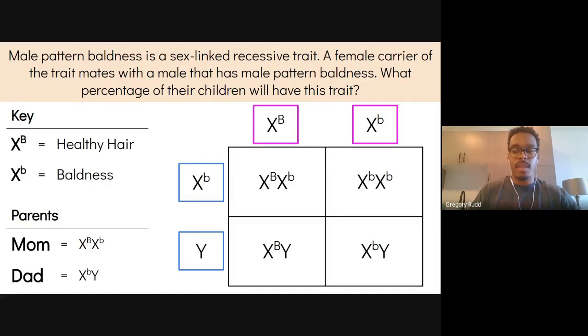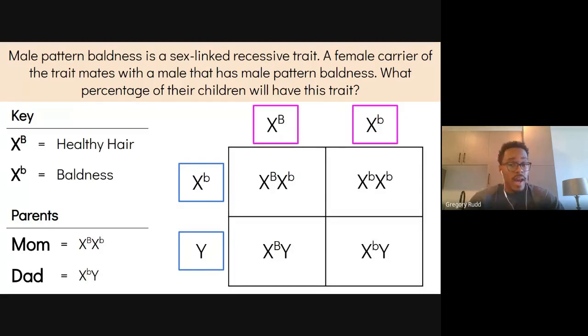Alyssa, let's be careful with that. Let's check that again. I think I know why you said 75%, but that is not correct.